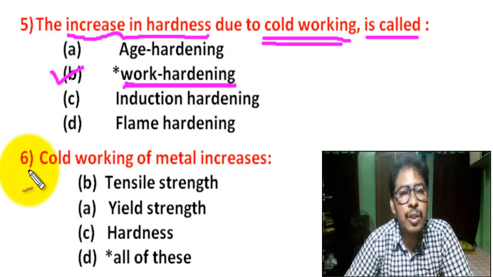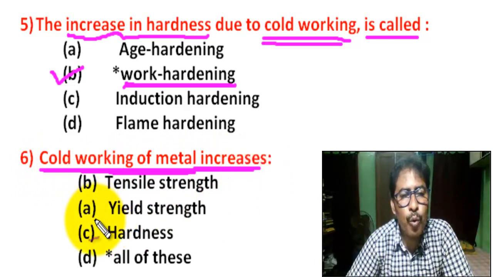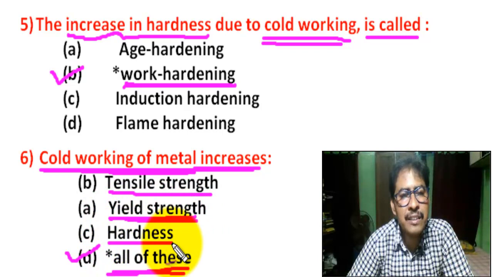Question number 6. Cold working of metal increases, there are 4 options. Correct answer is D, all of this. That means cold working of metal increases tensile strength, increases yield strength, and increases hardness.